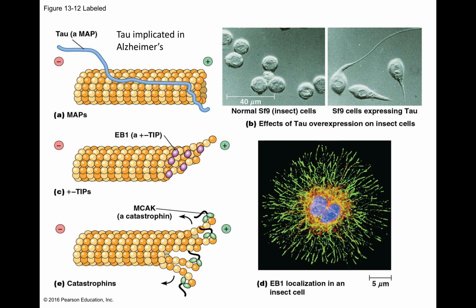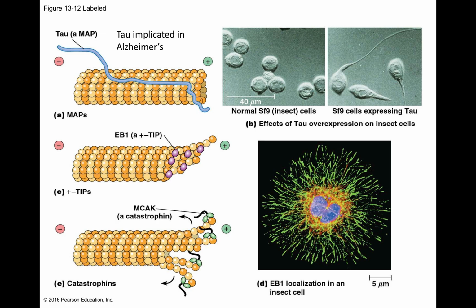There are other proteins associated with microtubules besides just the alpha and beta and gamma tubulins. These are called, in general, MAPs, which stands for microtubule associated protein. Tau is one of those kinds of MAPs. EB1 is another kind of MAP. TIPs are another kind of MAP. Catastrophins are other kinds of MAPs. So these are proteins that bind to microtubules and help in their function.